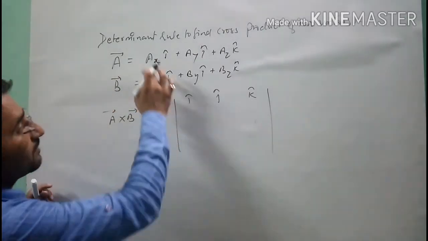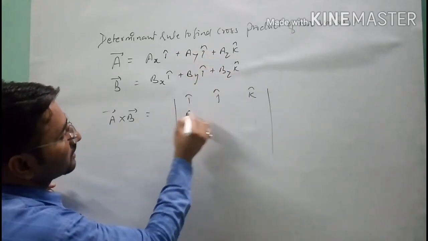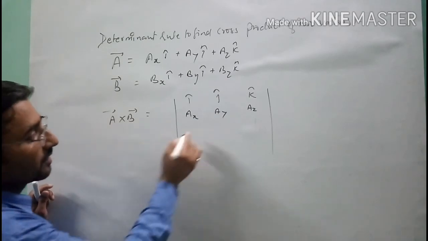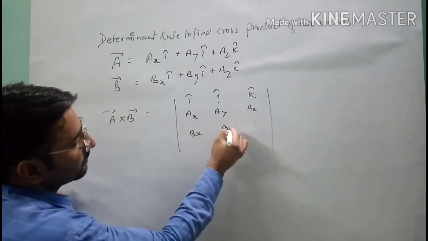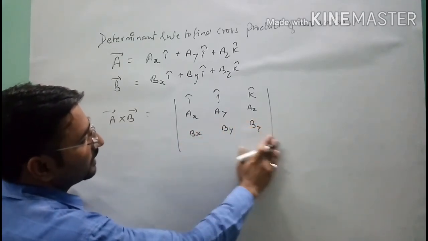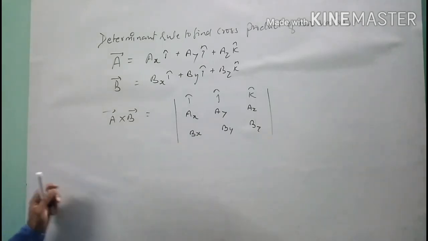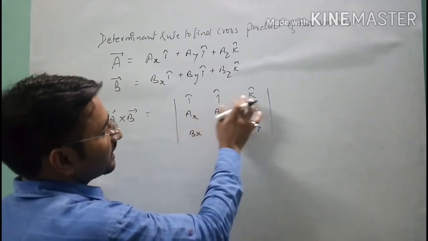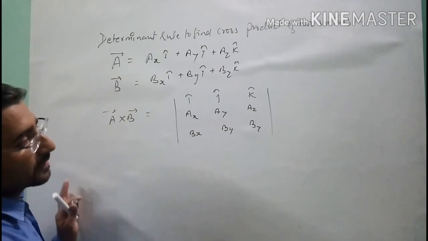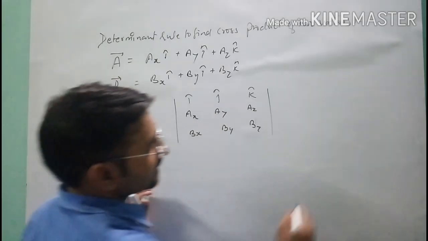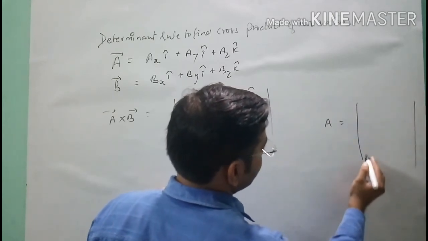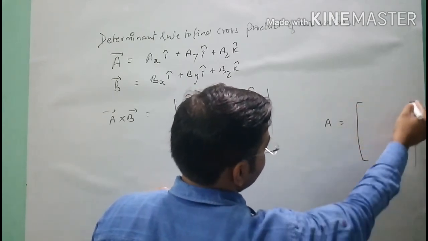After that I will substitute the values, first ax, ay, az as we are doing A cross B, then bx, by and bz, and here we will find the cross product of two vectors. So for that student, listen to one thing, i, j, k and the other values represent something. To understand that, let us focus on the elements of a given matrix.